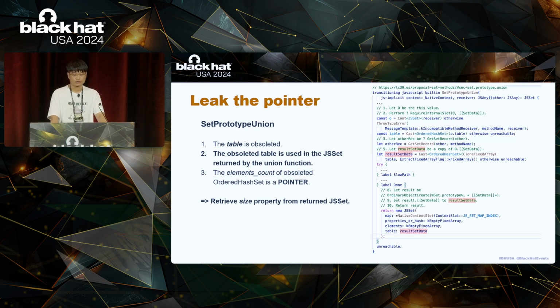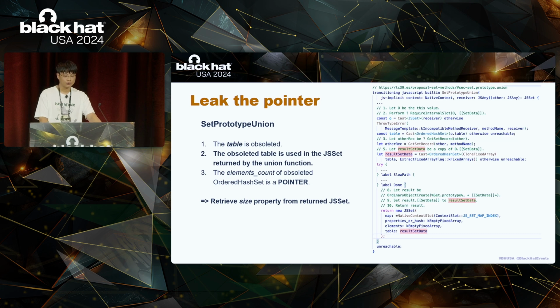This method will copy all the memory contents from the obsoleted hash table to a new one, and use this newly created hash table to create a new JSSet and return it.